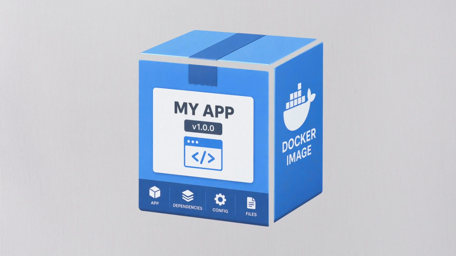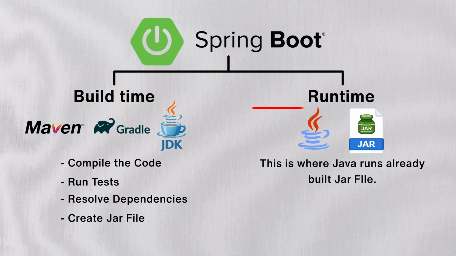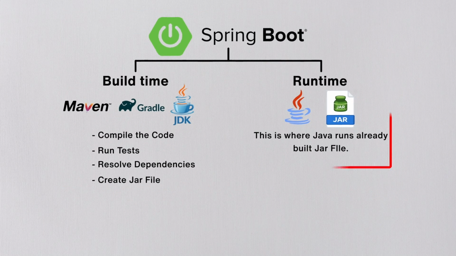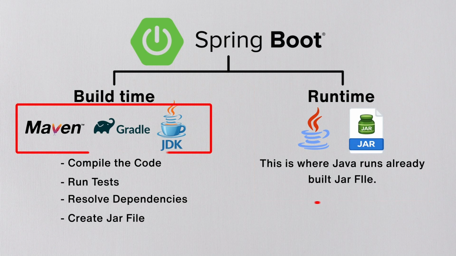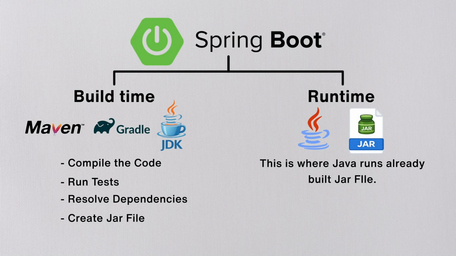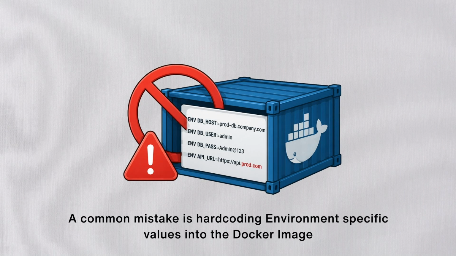So instead of putting everything in one image, we can use a multi-stage Docker build. The first stage is building the application. The second stage runs the application. This gives us a cleaner final image. It also means our final runtime image doesn't need Maven, source code, or build tools. That is a much better model for production. Another important developer concept is configuration. A common mistake is hard coding environment-specific values into the Docker image.